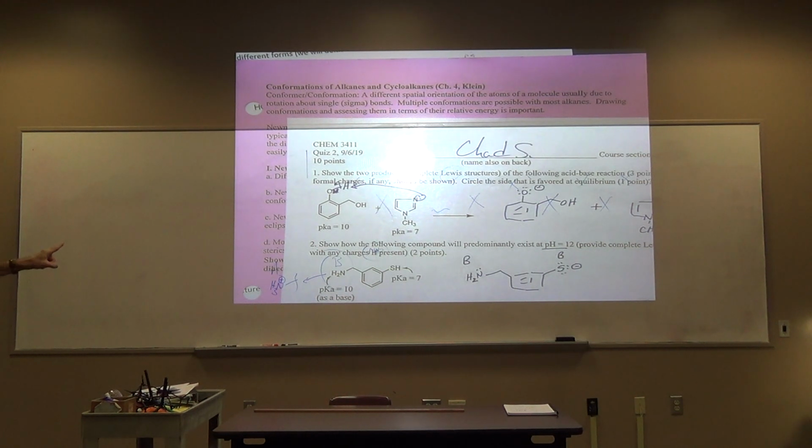At what pH will the NH3 positive predominate? Not at 12. At 12, B predominates. At what pH will the NH3 positive predominate?